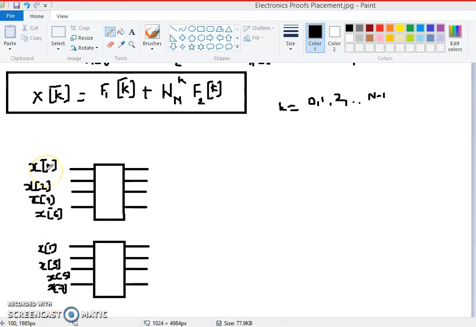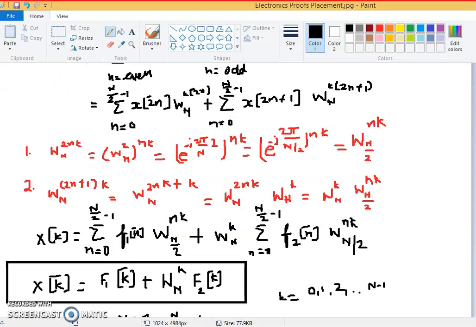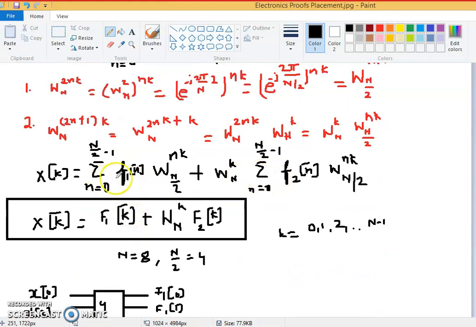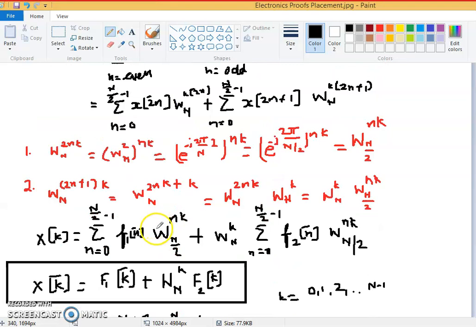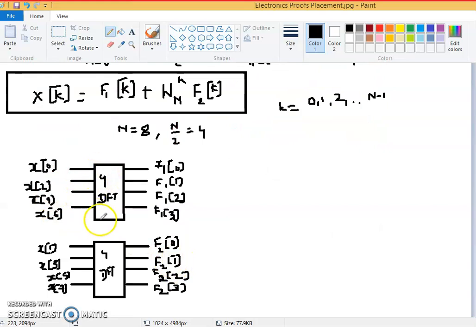This 8-point DFT is divided into two 4-point DFTs, and their DFTs will be F1[k] and F2[k]. To find the 8-point DFT we divide it into two 4-point DFTs, and summing the 4-point DFTs like this we can obtain X[k]. Like a machine that takes a 4-point input in the n domain and gives a 4-point output in the k domain.